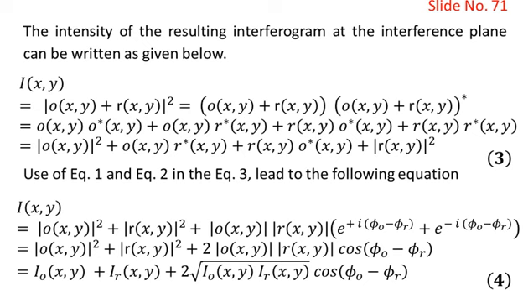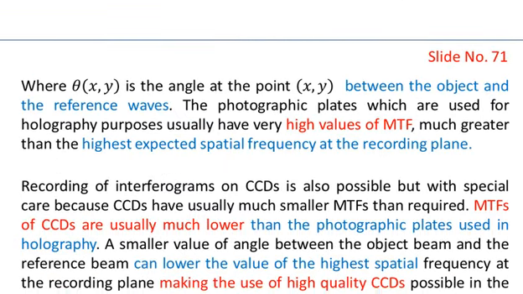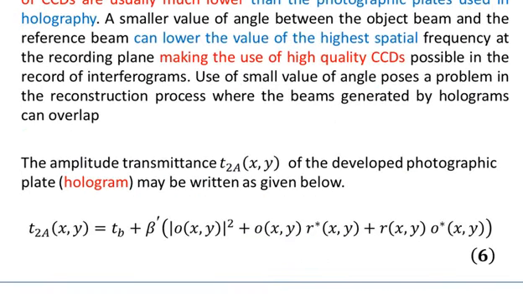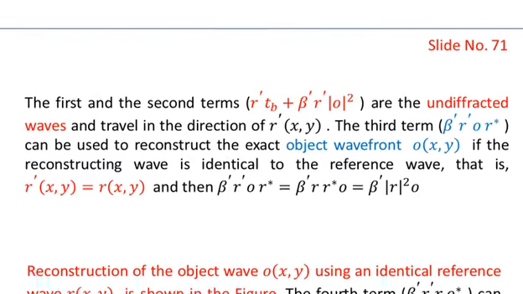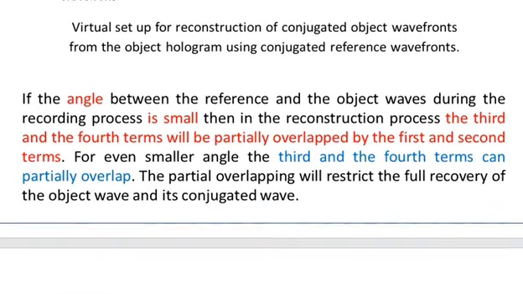One beam will be on the left of the first and the fourth term, and the other will be on the other side of these two terms, that is the O mod square and R mod square terms. So we want to avoid the overlapping, and the overlapping can only be avoided when we use an appropriate value of the angle. So that's why we are discussing the angle over here.